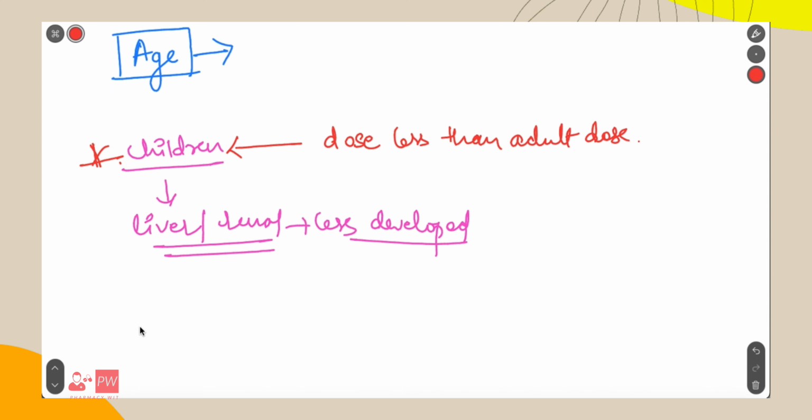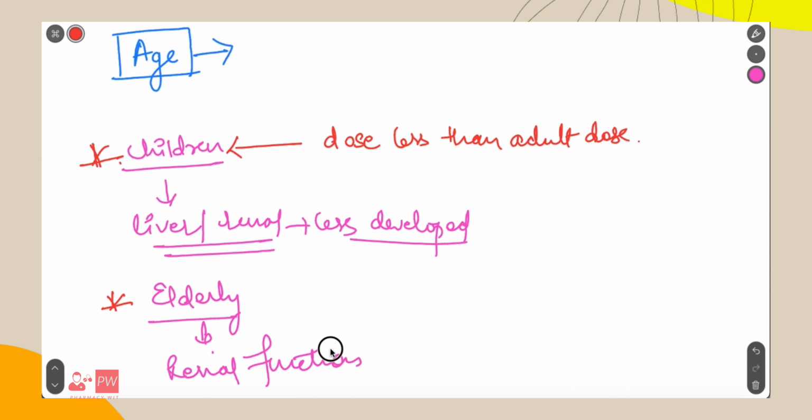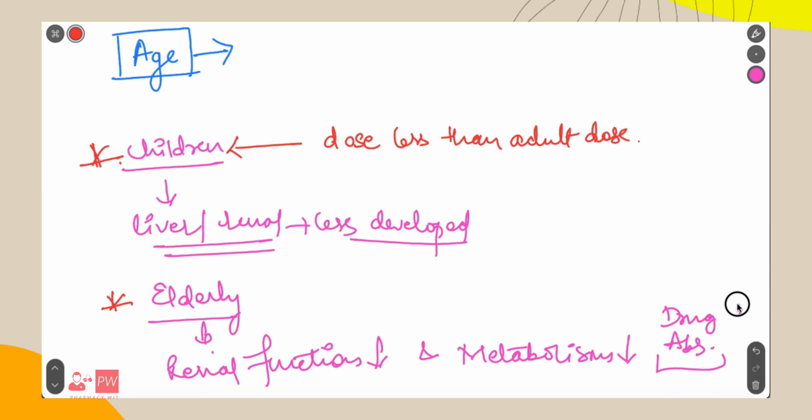If you are talking about elderly patients, the renal function is not good in the elderly patient. The renal function decreases, the metabolism also decreases, and the drug absorption from the intestine is also slow in the elderly patient.